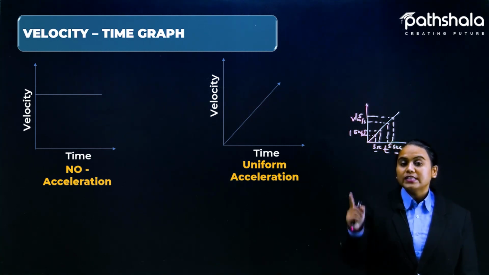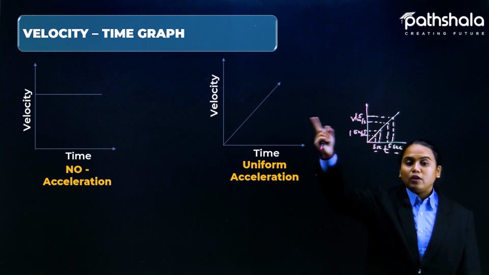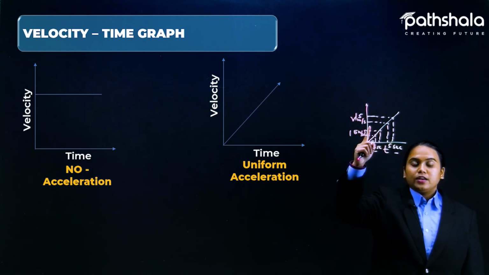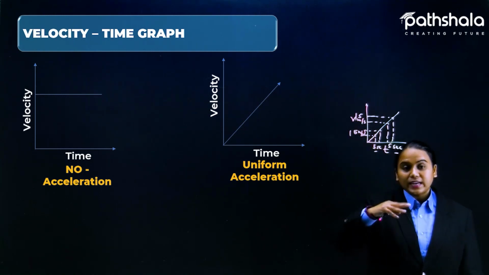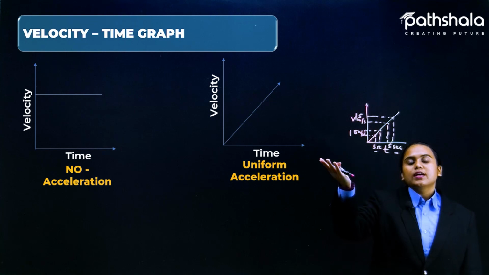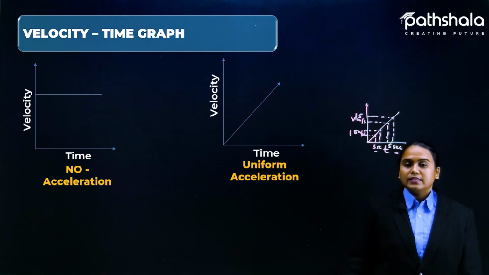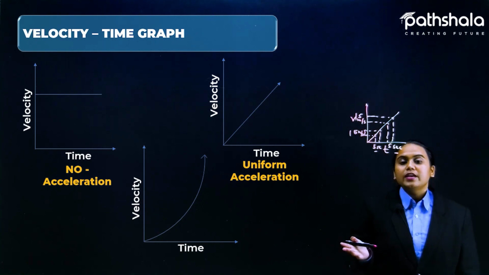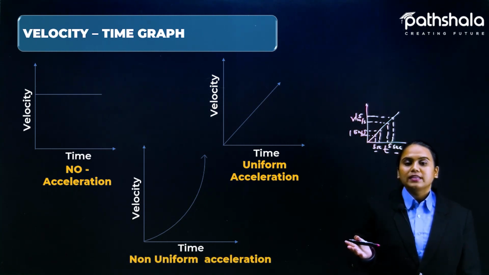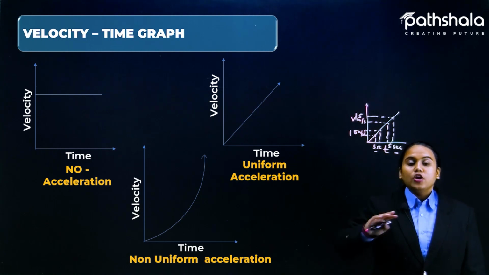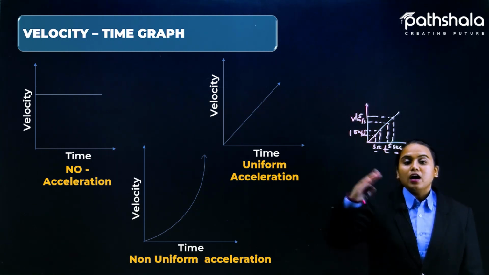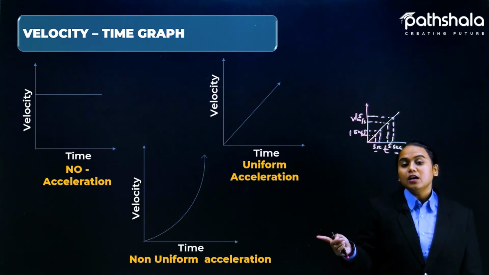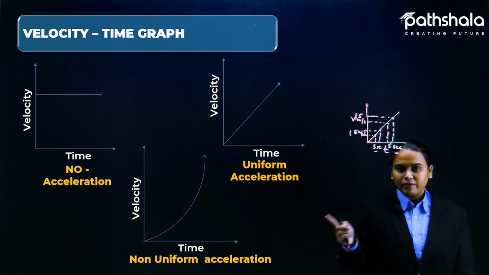So whenever you see such a graph in which velocity and time are mentioned and the slope is straight, at a particular angle, you can consider this as uniform acceleration. Then what is the graph for non-uniform acceleration? Here we have a non-uniform acceleration graph, that is a curved graph. Earlier, in the distance time graph, we had that as non-uniform speed, right? Remember?